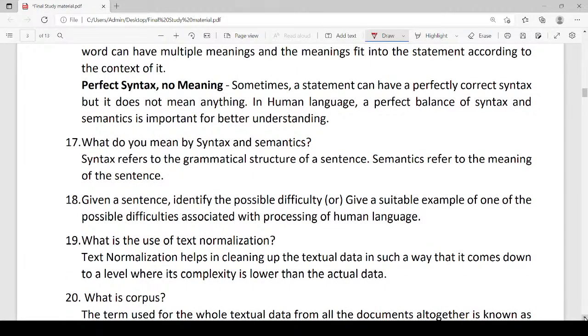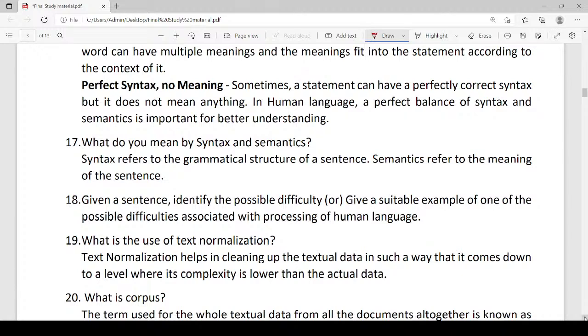Now tell me, what is corpus? You must have heard of this term. Yes, Avni, your answers are right. Bhumika, right. Anju Bala, right. OP Manan, right. What is corpus?